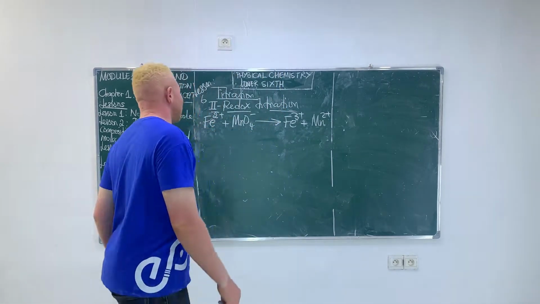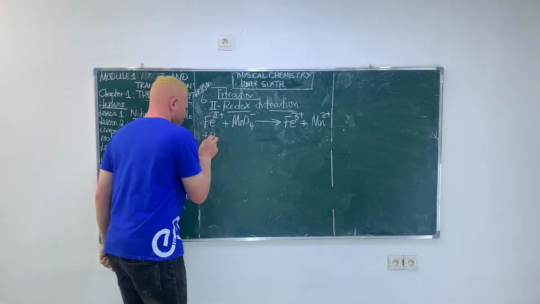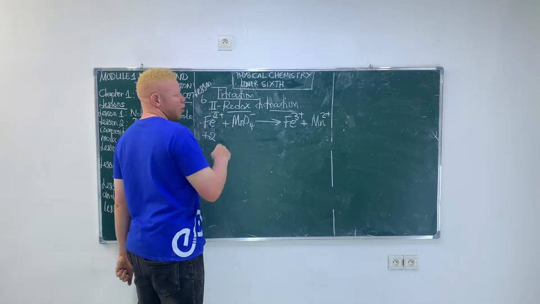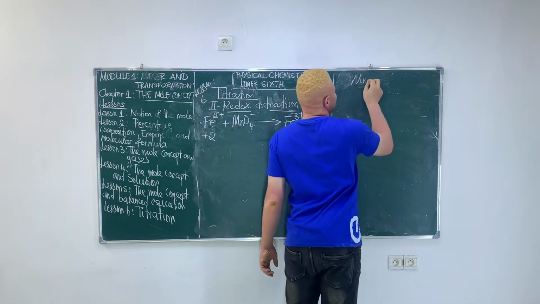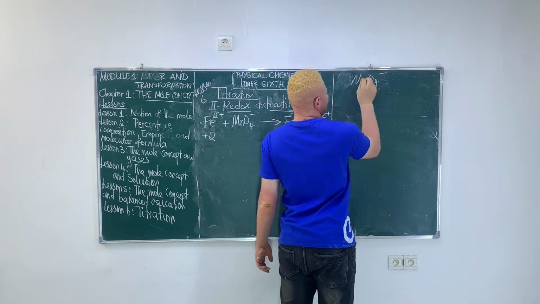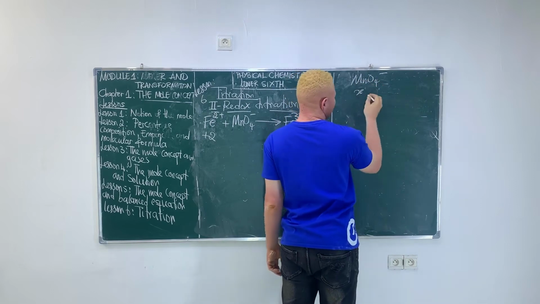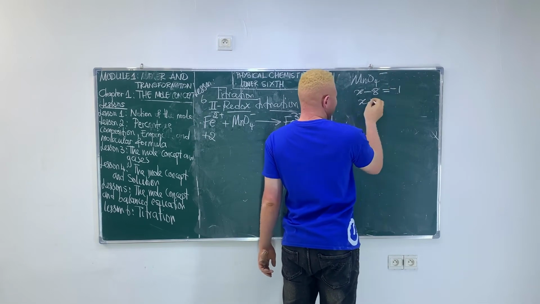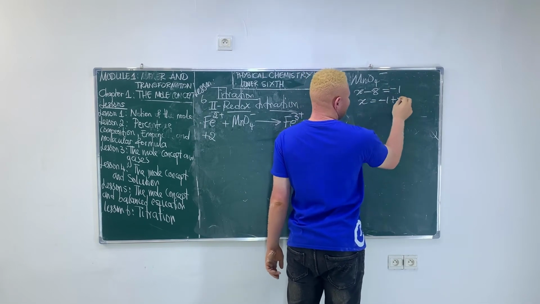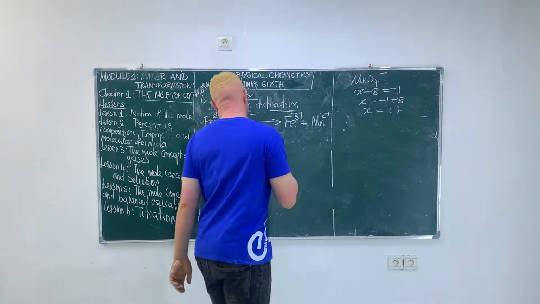For iron, the oxidation state is +2. For manganese, we want to calculate: manganese is x, oxygen is -2 times 4, so -8 equals -1. So x is +7.